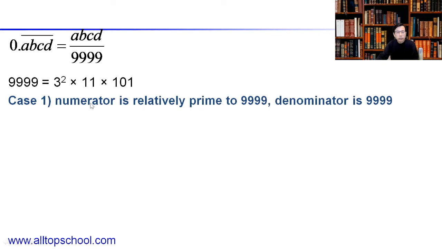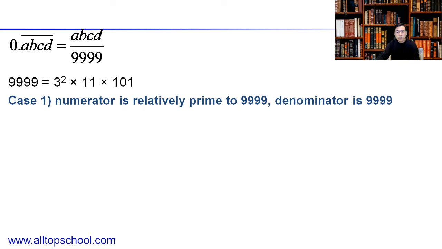The first case is that the numerator is relatively prime to the whole denominator. That means it's already reduced. We don't need to find any common factors because the common factor will be 1. So the numerator is relatively prime to 9,999, and certainly less than this number. The denominator you just keep as it is. How many such numbers based on the previous theorem?